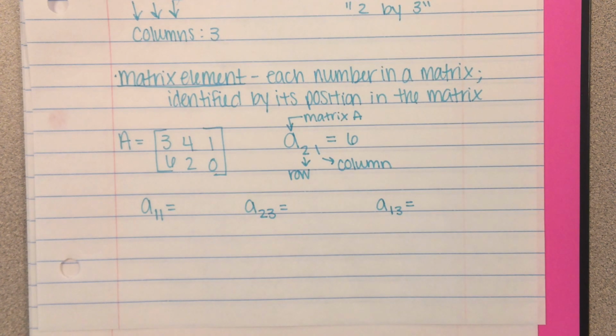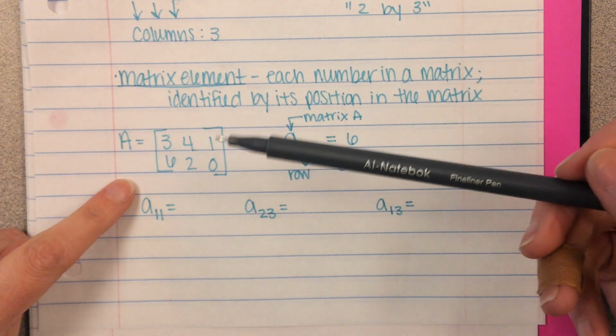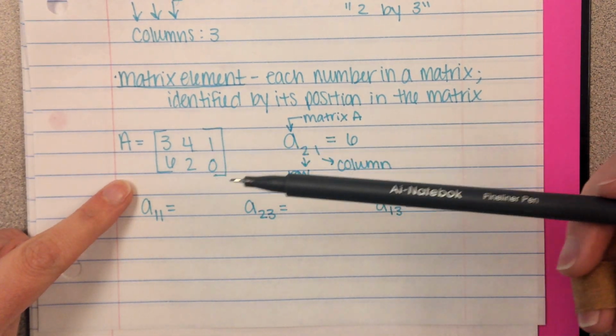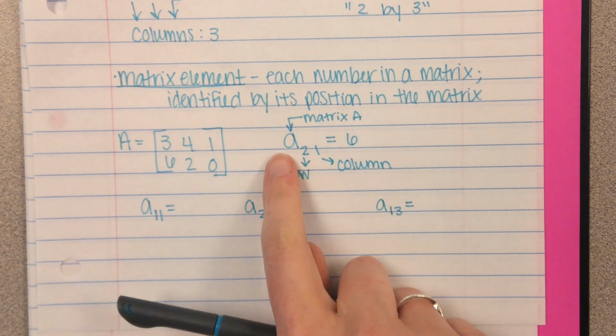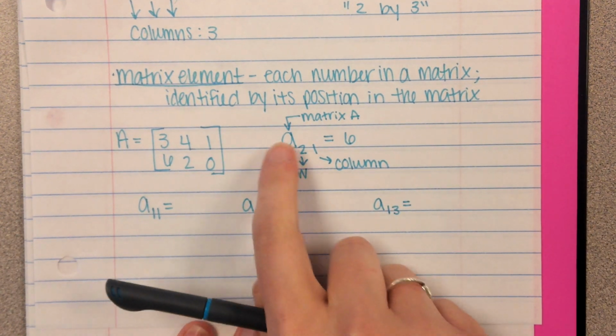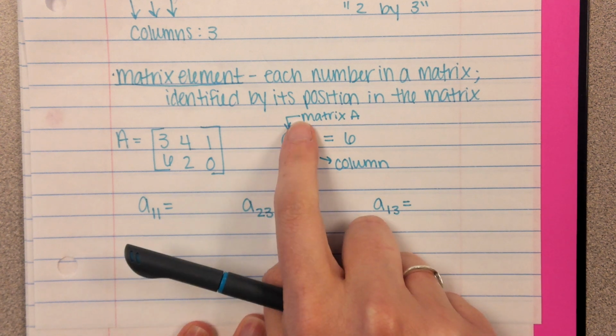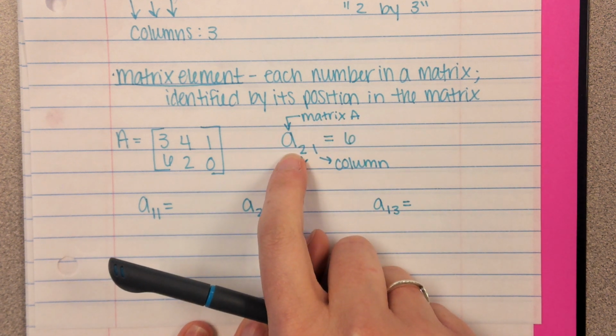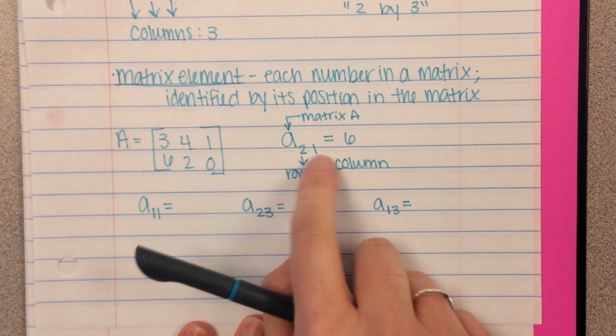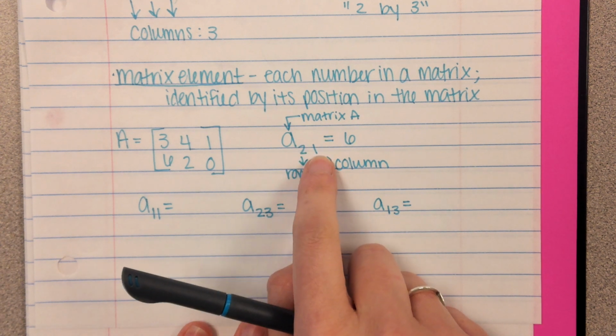Okay, next we have a matrix element, and that's just each number in a matrix. And they're identified by their position in the matrix. So here we have our matrix A from before, the 3, 4, 1, 6, 2, 0. And so here is how we denote or identify an element. We have a lowercase a, that means it's in matrix A, okay? And then we have a subscript, sub 2, 1.